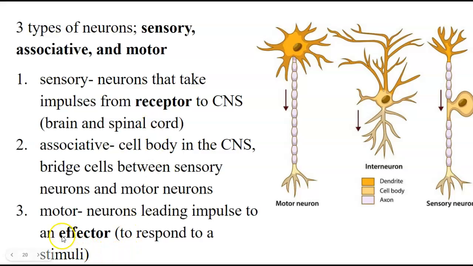And then let's say you grab something hot or something pokes your skin. Sensory information takes that in, and then effectors would be like a muscle pulling your hand away or causing you to check and see what that thing is that's poking you. So that would be effectors. Usually they are skeletal muscles.